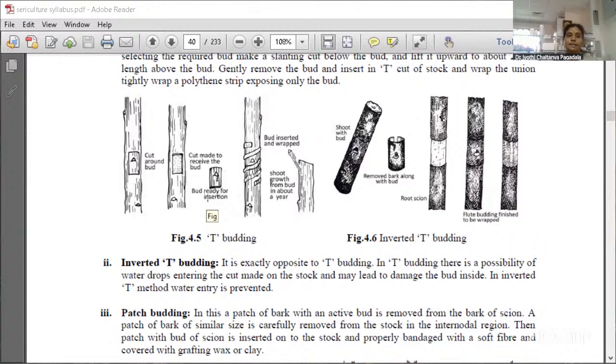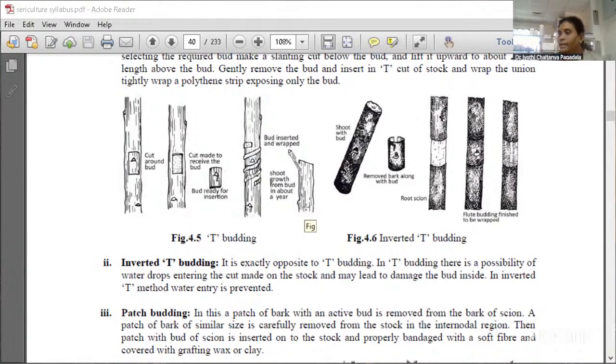You can see here clearly the measurement of the cut around the bud and the removing of the cut, and how to place the bud. This bud is ready for insertion, and bud inserted and wrapped, and shoot growth from the bud in about a year.